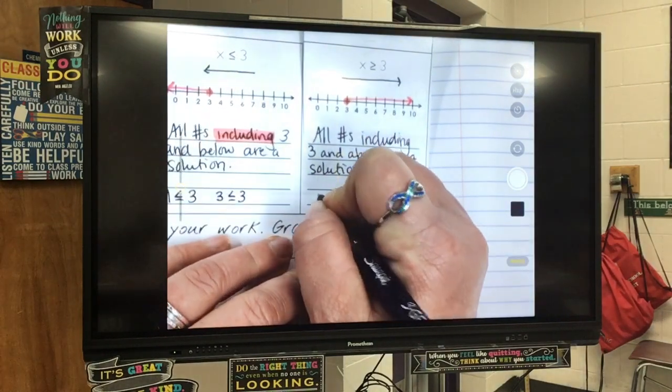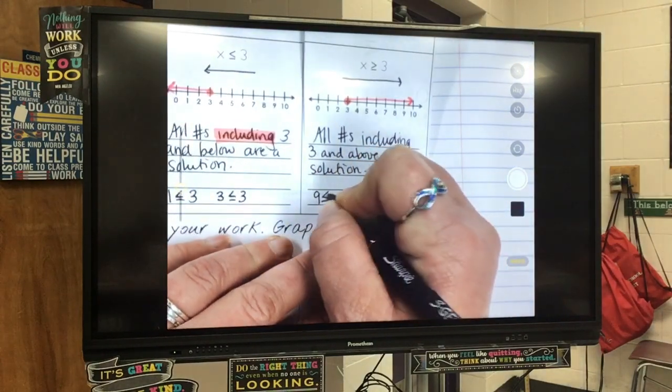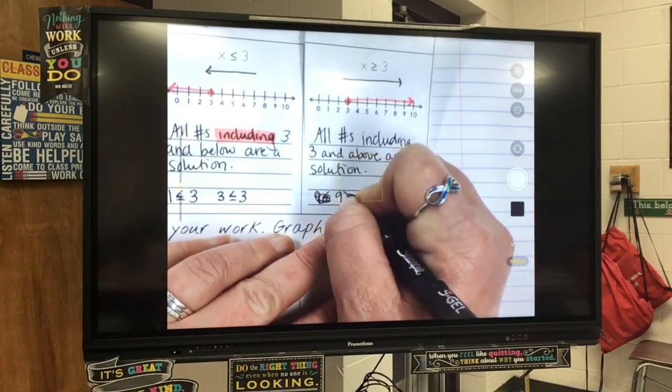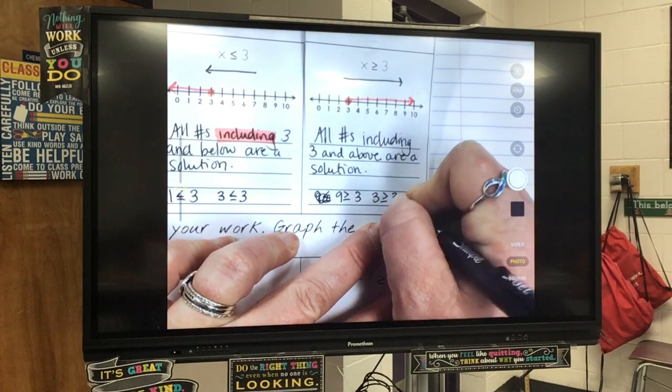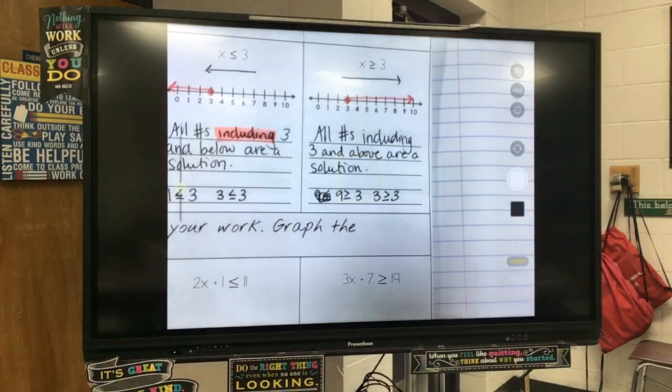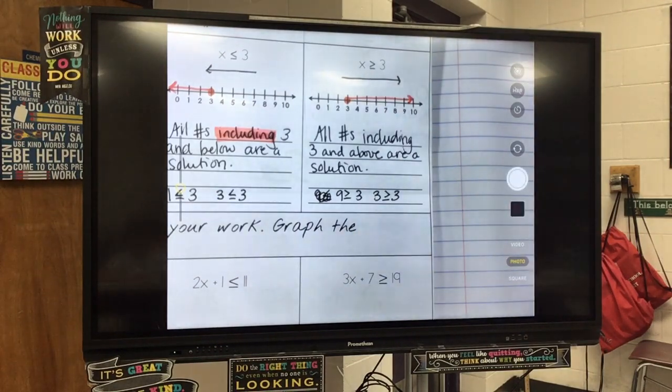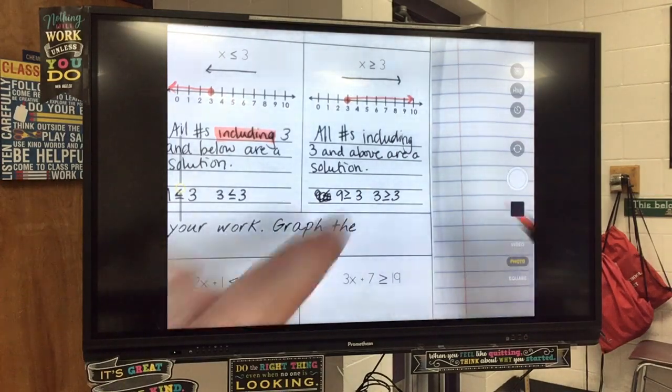And Michaela said 9 is greater than or equal to 3, and again, we're going to include 3 is greater than or equal to 3. And then make sure that you highlight the word including.